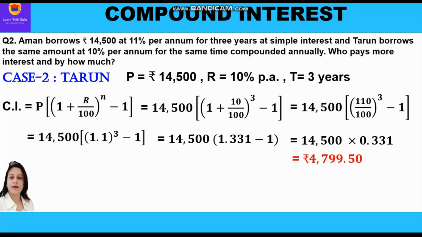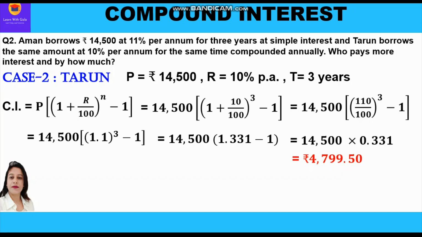Now according to the question, we have to find out who pays more interest and by how much. Simple interest in case of Aman came to rupees 4,785 and compound interest in case of Tarun is coming to rupees 4,799.50. So clearly we can say Tarun is paying more interest than Aman.